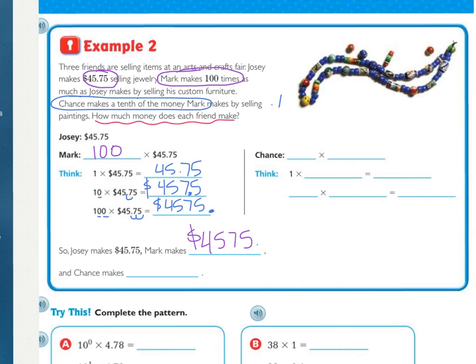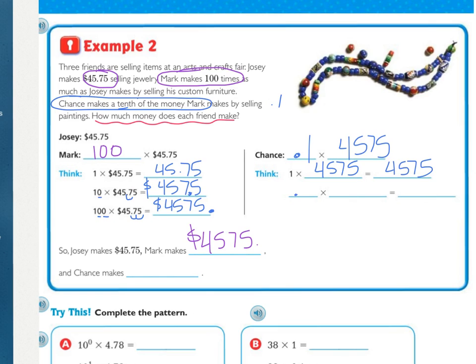Now that we have Mark, we need Chance. Chance made 1/10 of the money of Mark. So we're going to go 1/10, okay, and Mark was 4,575, and we need that 1/10. So we know that anything times 1 is itself, so the decimal doesn't move.